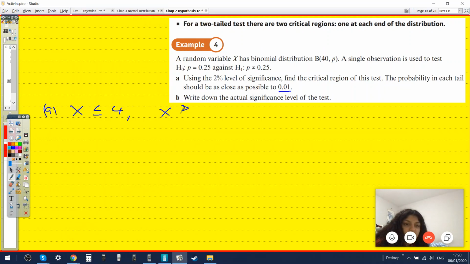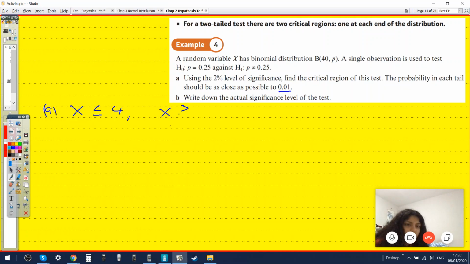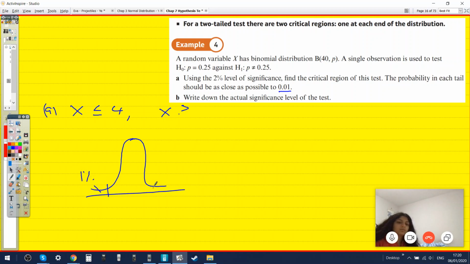Greater than? Why would it be greater than? So if this distribution looked like that, you've got 1% here and 1% here. This one down here is 4 or less.